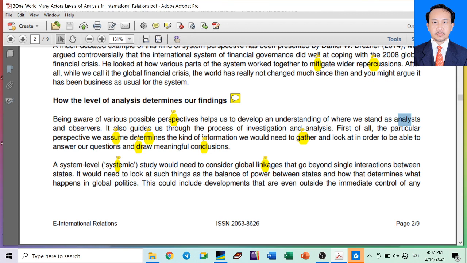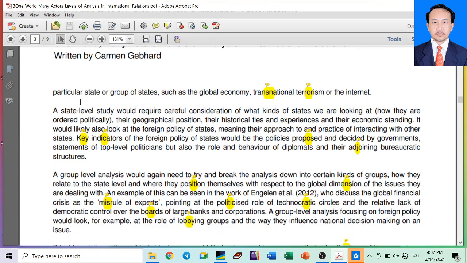This could include developments that are even outside the immediate control of any particular state or group of states, such as the global economy, transnational terrorism, or the internet.